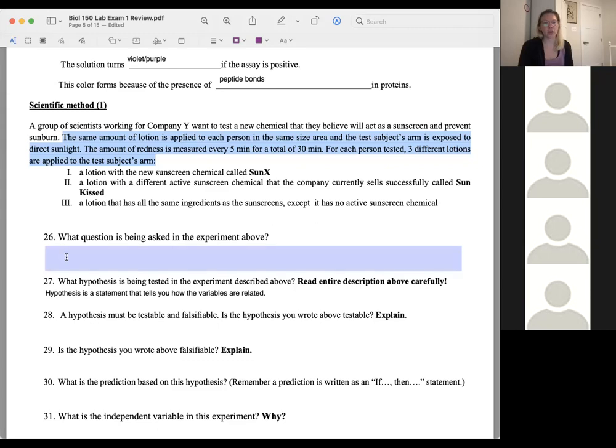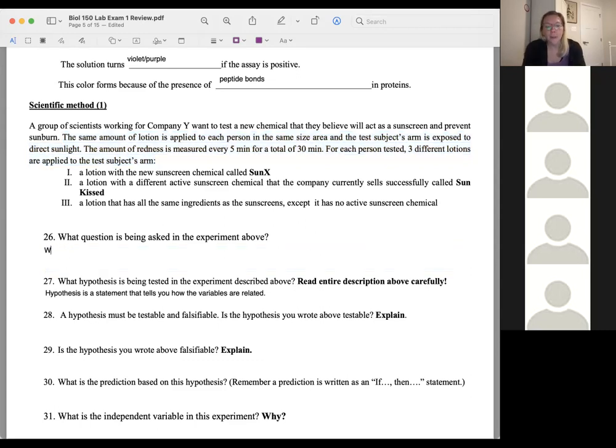So what question are we asking in this experiment above? I will say, which sun chemical is useful. Which chemical is more useful is the one answer I heard.